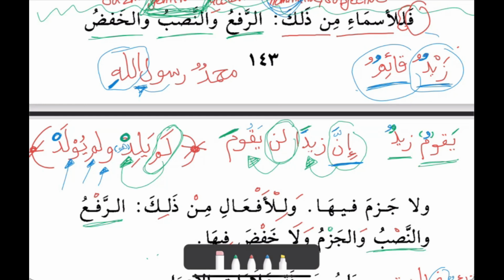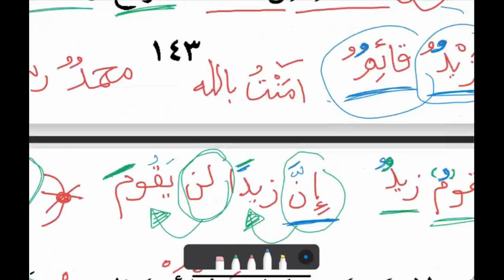Or you say, Amantu billahi. Amantu billahi. Here, the name Allah has kasra there. Ba is harf jar. Amantu, I believe, billahi, in God. How the name Allah has a kasra there. Yani, this means it's majroor.